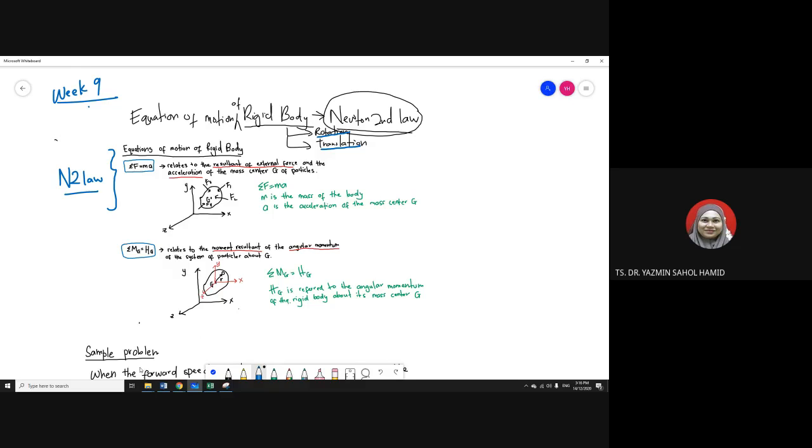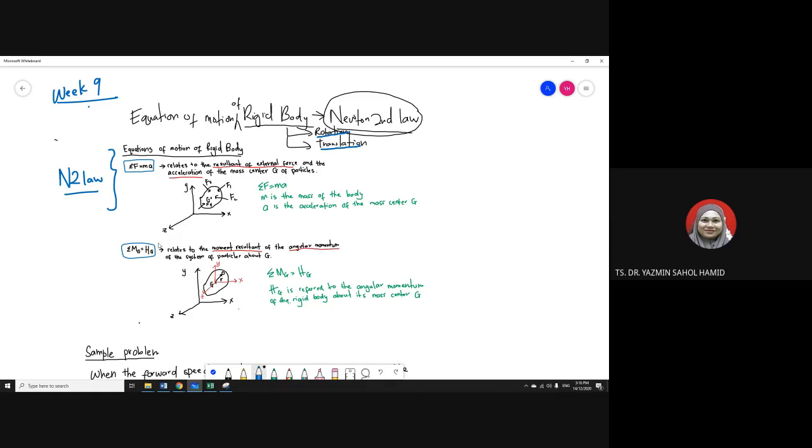Questions related to rigid body Newton's second law are very similar. Sometimes they ask you to determine the reaction, the friction, the acceleration, the force, or the angular acceleration.